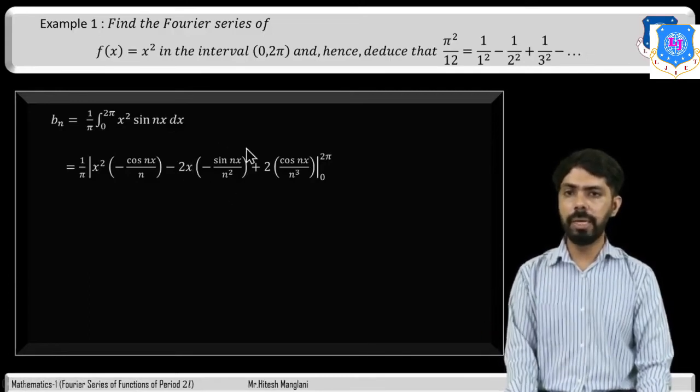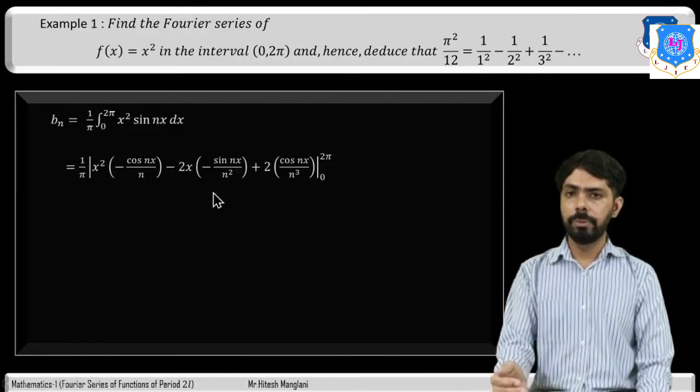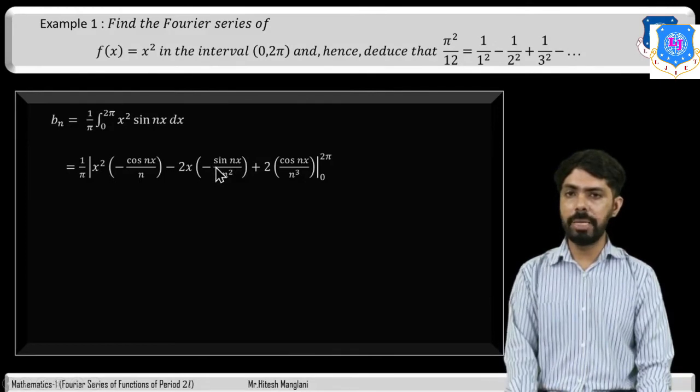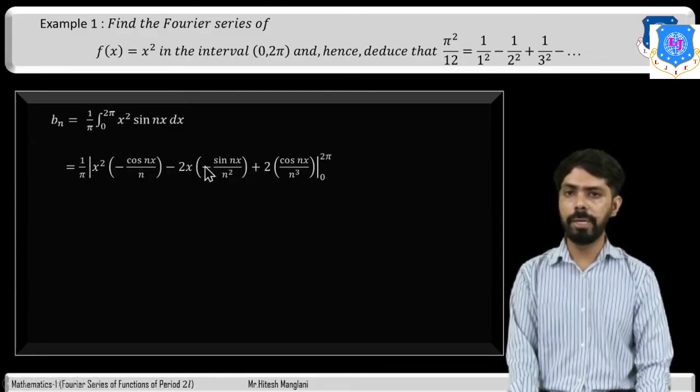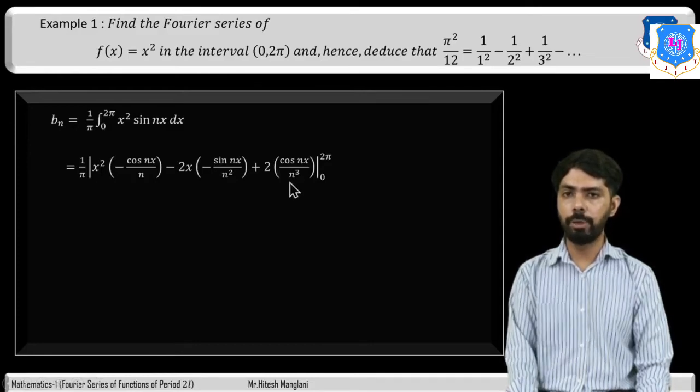Now we will integrate this bracket, that is minus sin nx divided by n square. What is the integration of sin nx? It will be minus cos nx divided by n. But here it is n square, so n square into n will be n cube, and minus minus will be plus. So here it will be cos nx divided by n cube.